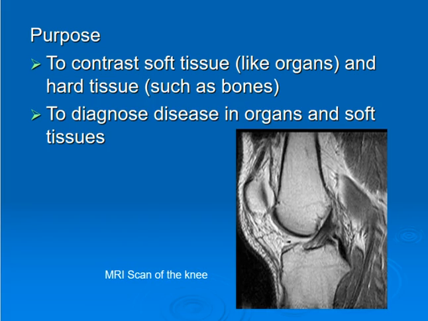And here you can see an MRI of a knee, and it's contrasting the soft tissue around the knee and the hard tissue with the bones. Okay? So this allows you to diagnose disease in organs and soft tissues as well.